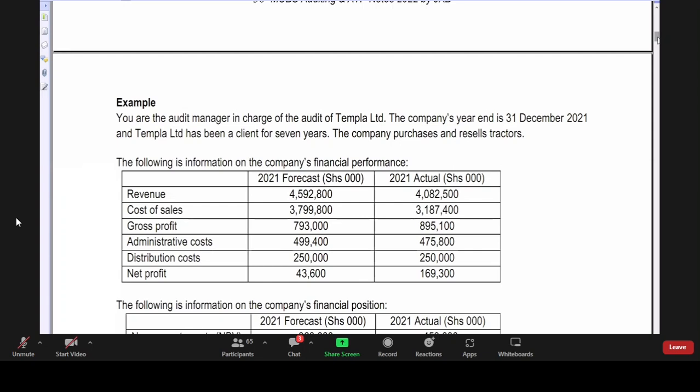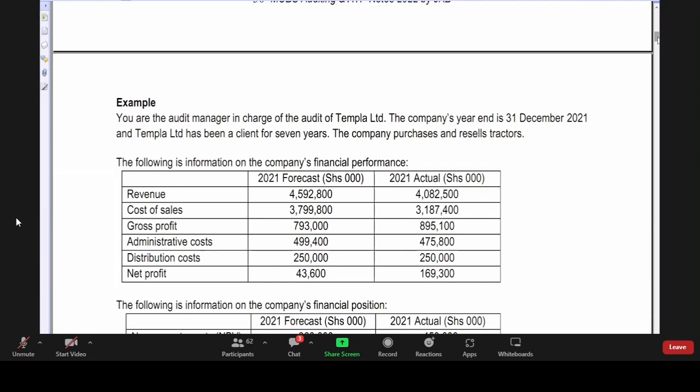If the year ends on 31st December 2021, that implies that it starts on 1st of January 2021 to 31st of December 2021, unless otherwise. That means that the scope is going to be for 12 months.